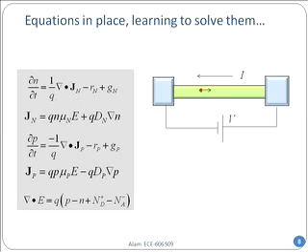Generation rate, most of the time it's a certain flux, certain number that will be given. Let's say cosmic ray is hitting your device. It will generate a certain electron hole pair. So that will be a given number. And you can see that mu n and D sub n, these are constants, right? These are constants. So I have 3 partial differential equations.